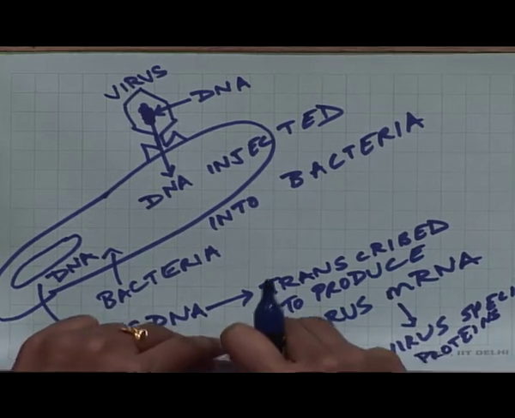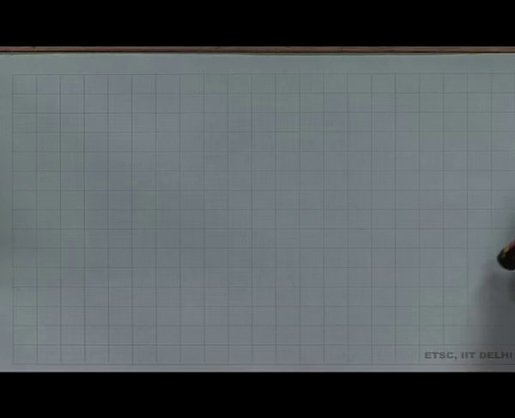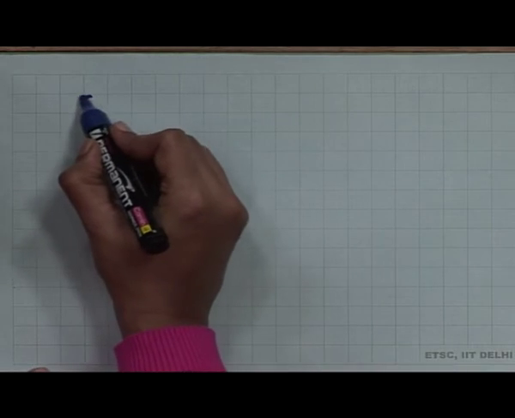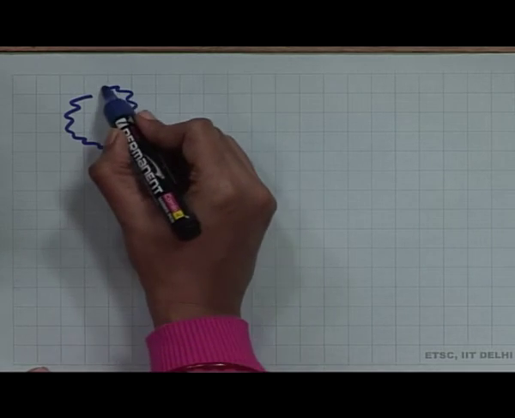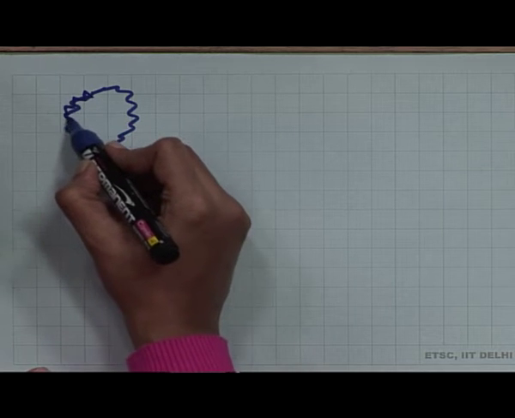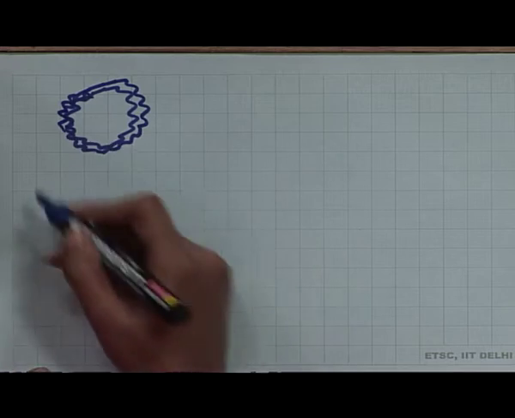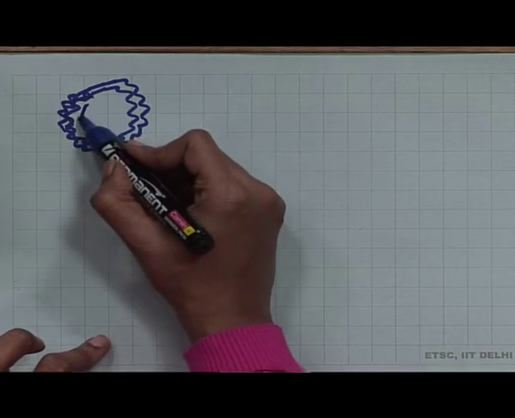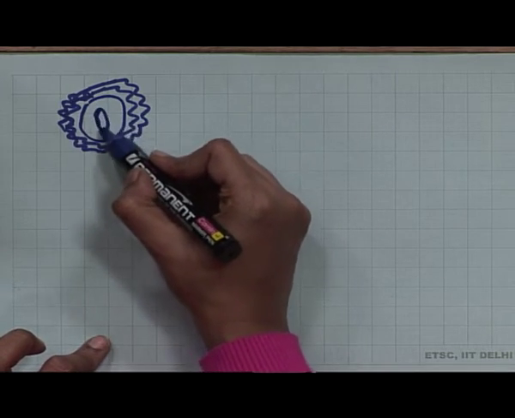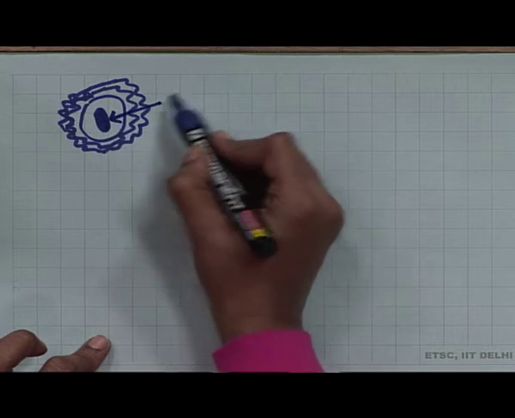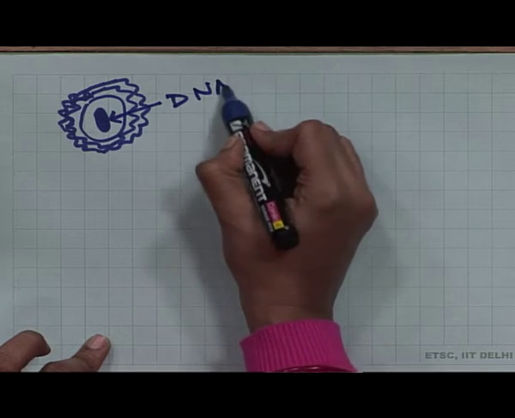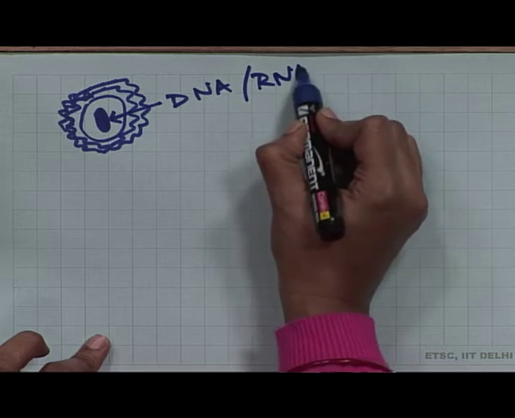So the same situation applies to mammalian cells. In mammalian cells you can have enveloped viruses, which have a layer of lipid around them, they have proteins, and they also have this genetic material in the core. The genetic material may be DNA, may be RNA, okay.